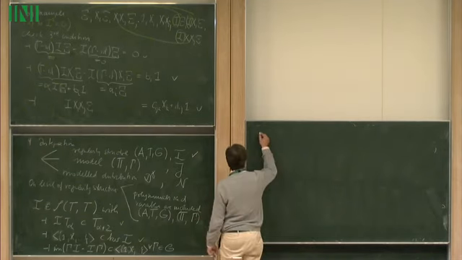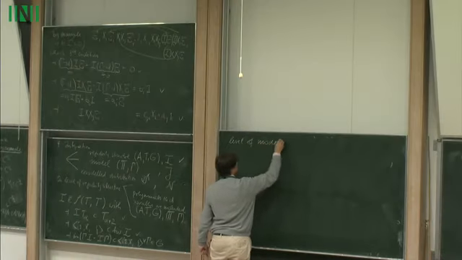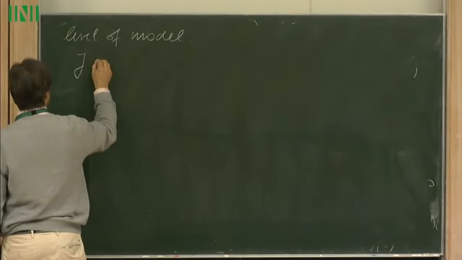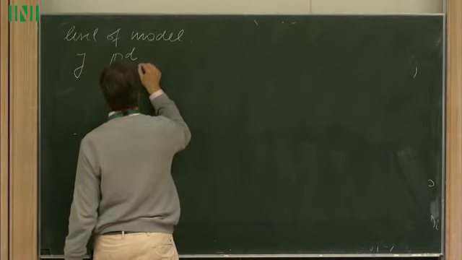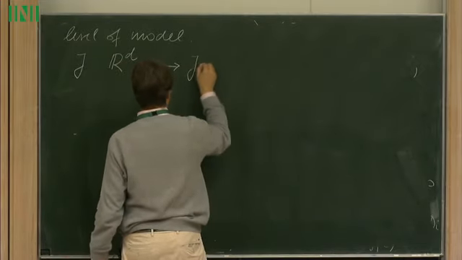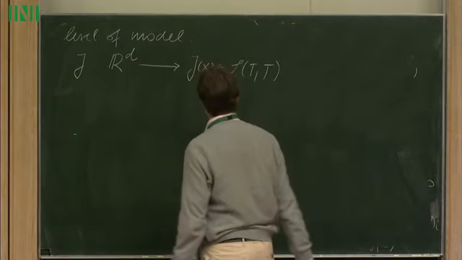Now we go on the level of the model. And there we impose that there exists J, which now is a field. So this is something which to every base point attaches a linear map on the abstract vector space.